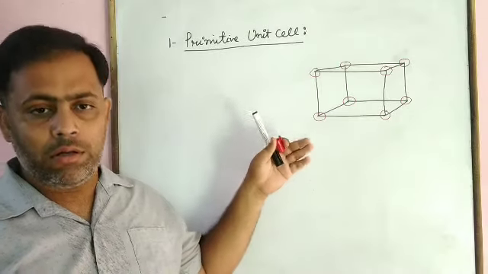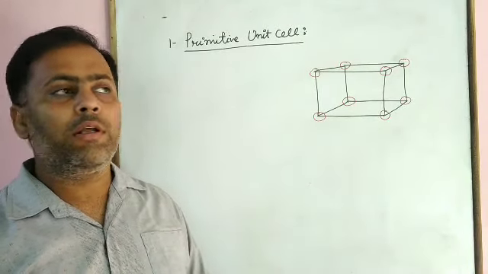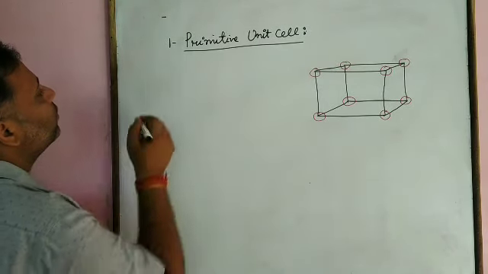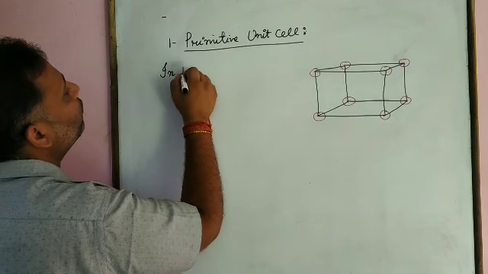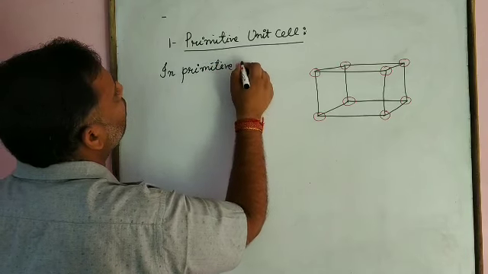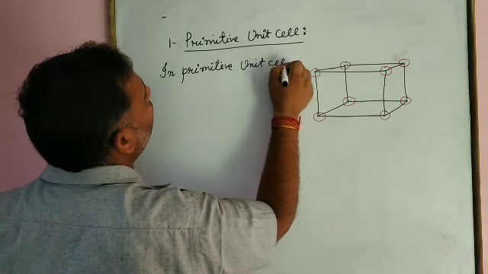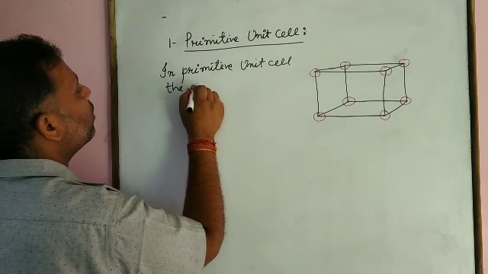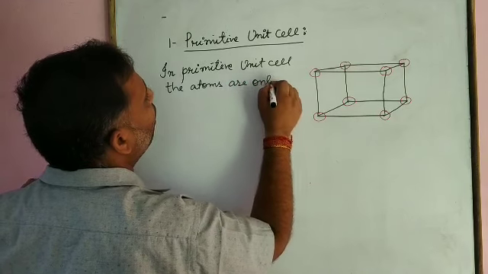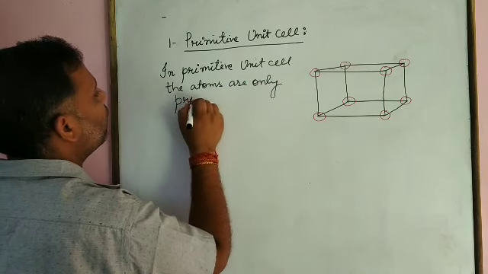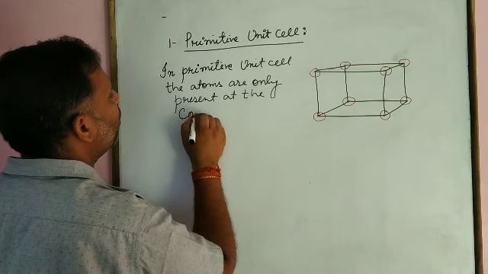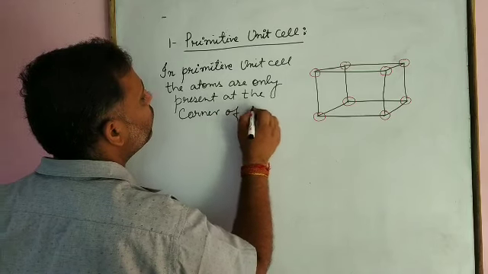Let us discuss what are the number of atoms in primitive unit cell. You know, in primitive unit cell, the atoms are only present at the corner of cube.